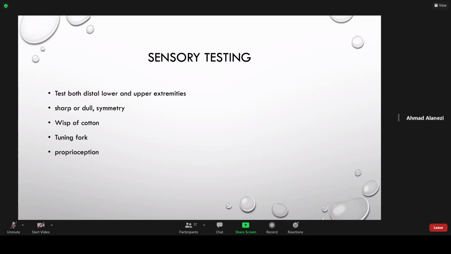This is 1. What's this number? You write number 2, and you see if he's able to predict the number that you've written or not. And also 2-point discrimination. You bring 2 points close, and you see, is he able to differentiate 2 points in his hands or not? We don't routinely do sensory testing in an uncooperative child. For sensory testing, you need a cooperative child.